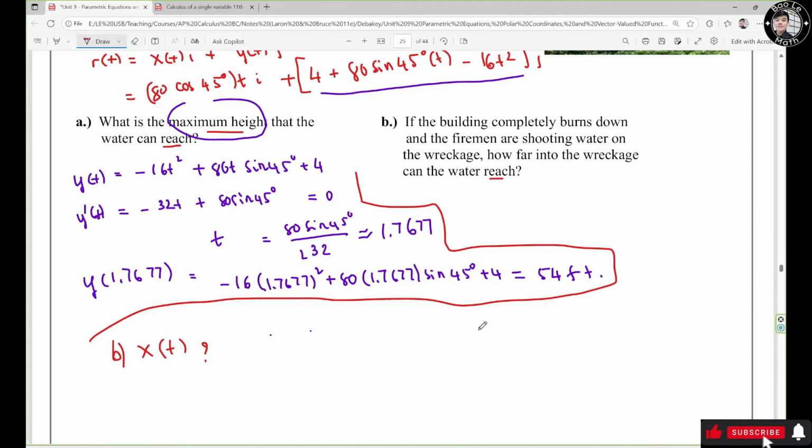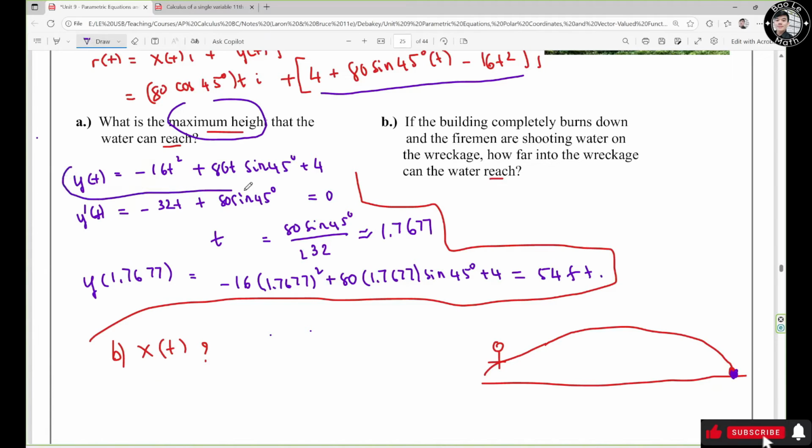Now if you get the picture, the fireman is right here and the fireman is shooting water. Then when water hits the ground, the vertical component equals 0, which is this guy right here equals 0. So you have y of t equals 0. You need to solve for t, right?